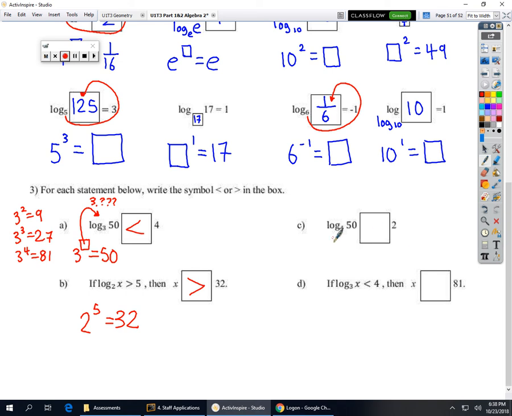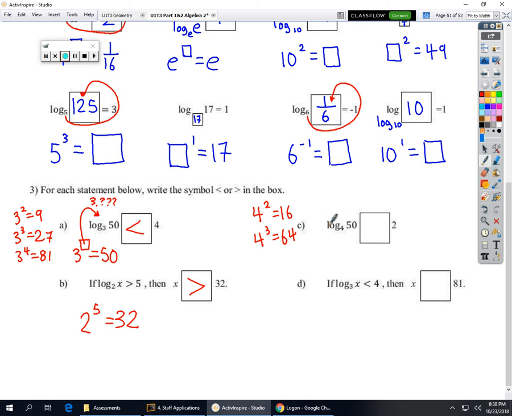All right, let's go to C here. Log base 4 of 50. Again here, you need to think, what exponent on 4 makes 50? Well, 4 squared is 16. 4 cubed is 64.